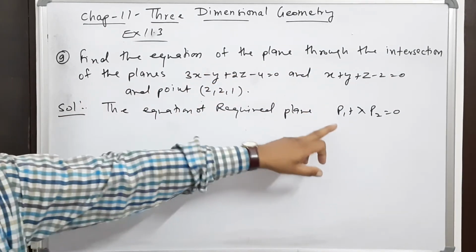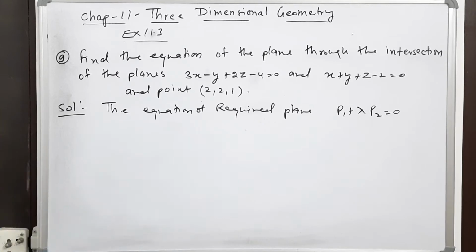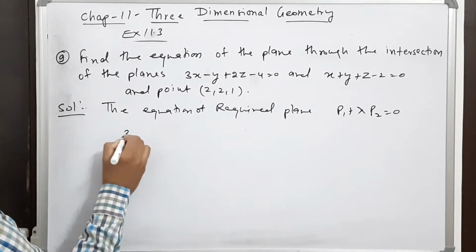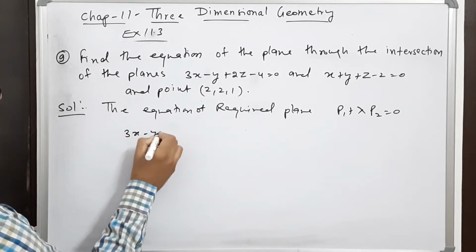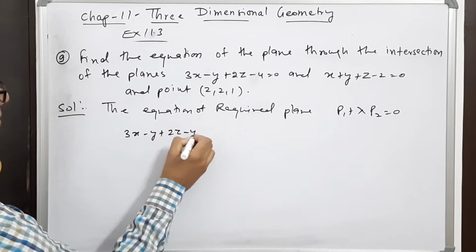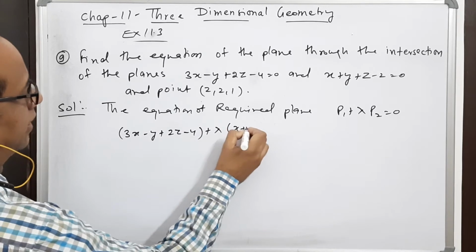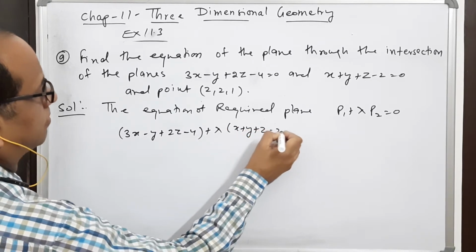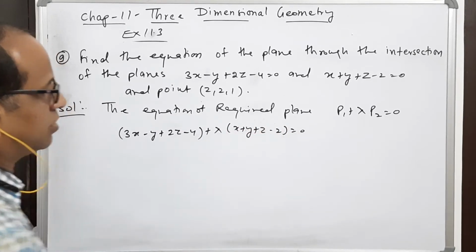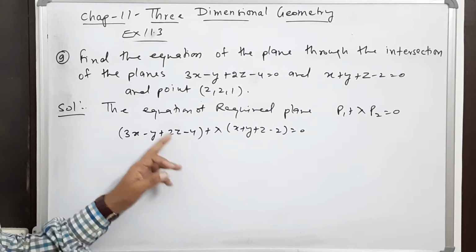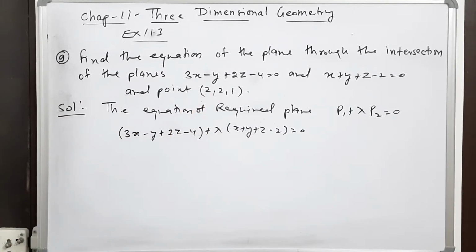So here we are using P1 plus lambda P2. So P1 is 3x minus y plus 2z minus 4 plus lambda times (x plus y plus z minus 2) equals 0. Now the important part is that this plane passes through the point.